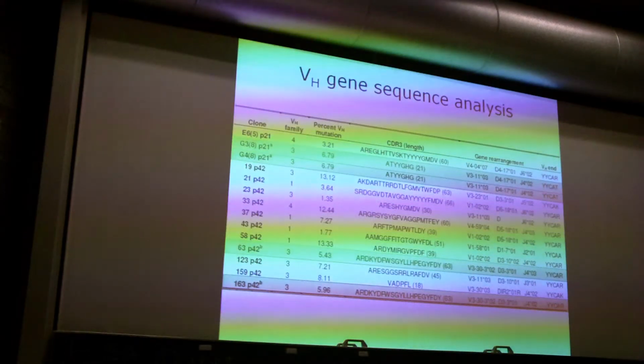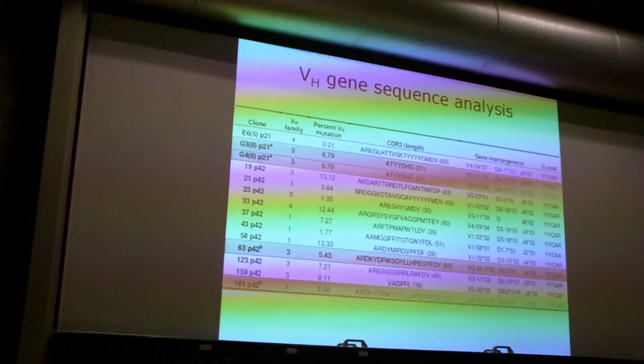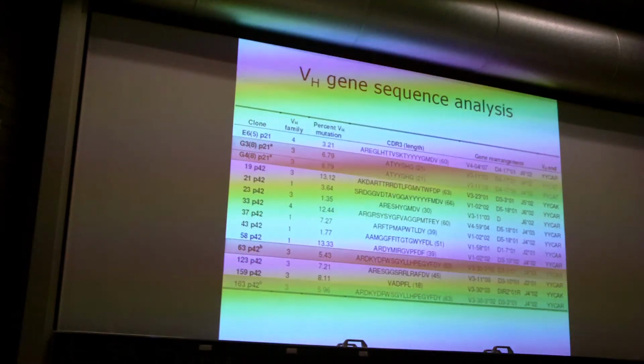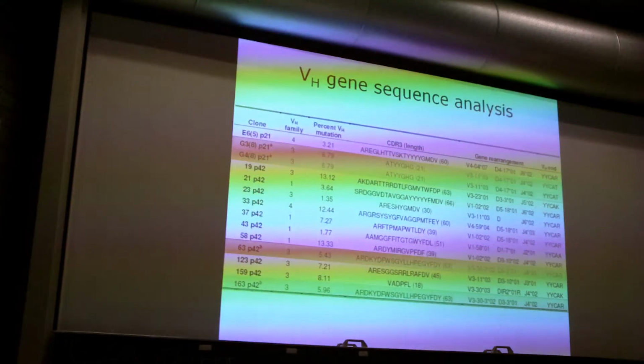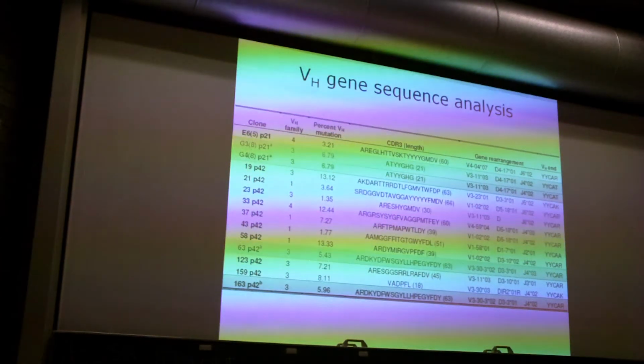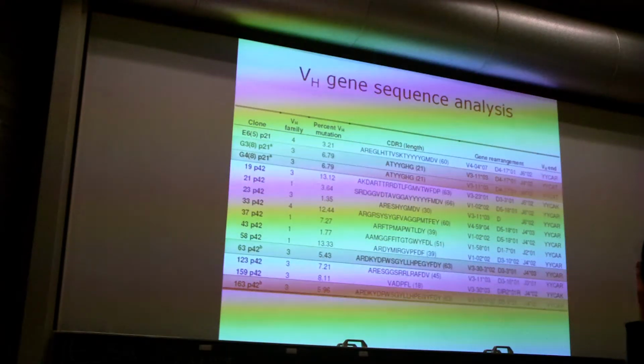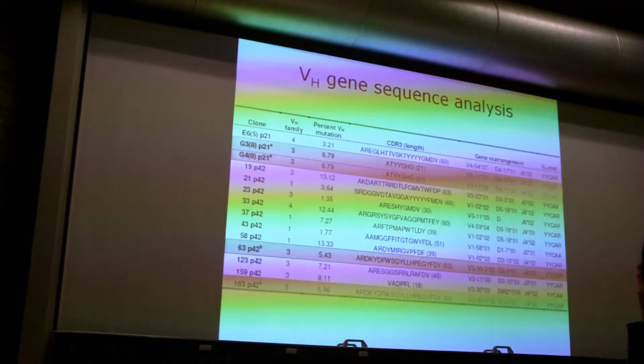So these are results from our sequencing analysis. What we were looking at is if the immune response that was going on in the thymus was monoclonal, polyclonal, or oligoclonal, and in this case it was oligoclonal because sometimes we found the same sequence again. So that means that there was an immune response going on in the thymus, because sometimes we find exactly the same sequences.